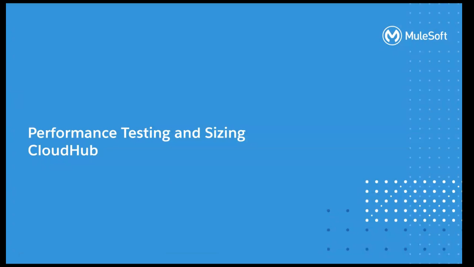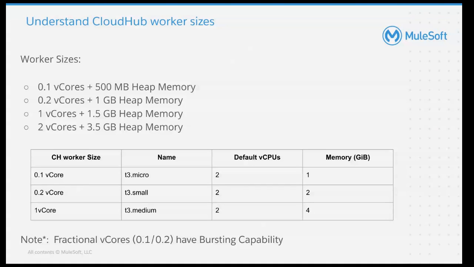I'm going to talk about a bursting feature that most of our customers don't know much about, and they forget to take it into account when they're doing performance testing. The smallest worker size that is available for you to use is a 0.1 vCore. 0.1 vCore gives you a usable 500 MB of heap memory, and it gives you 1 GB of RAM as well.